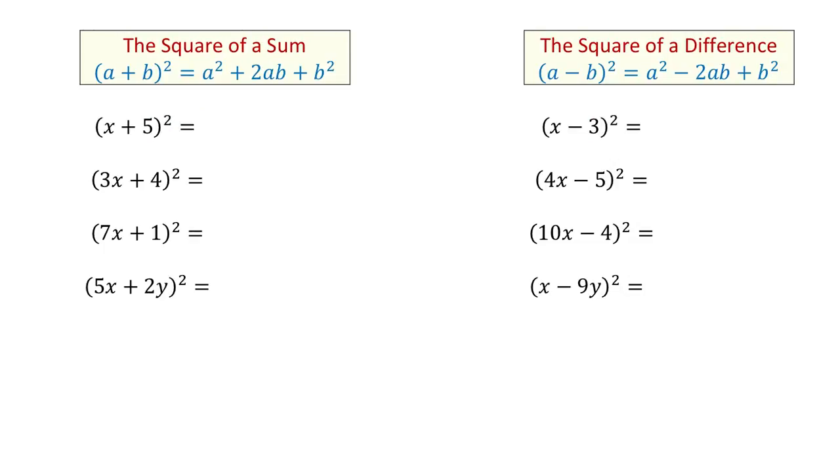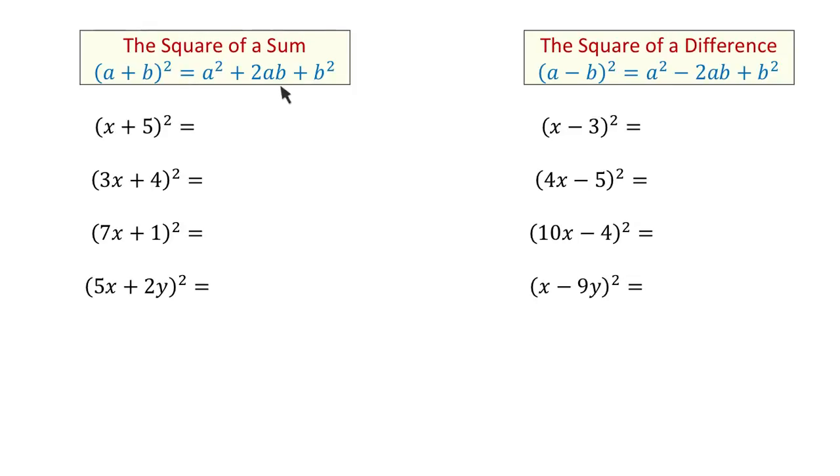Now let's see how we can apply these formulas when raising binomials to the second power. Let's take another look at these two formulas, starting with (a + b)². On the right we have a squared plus 2ab plus b squared. The very first term, a squared, is obtained by raising a to the second power.